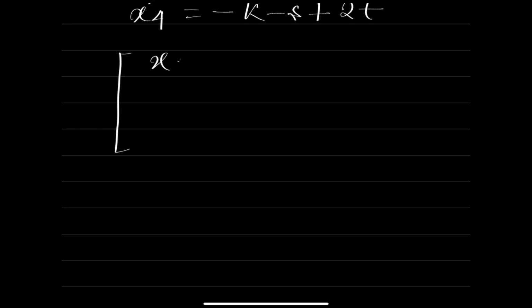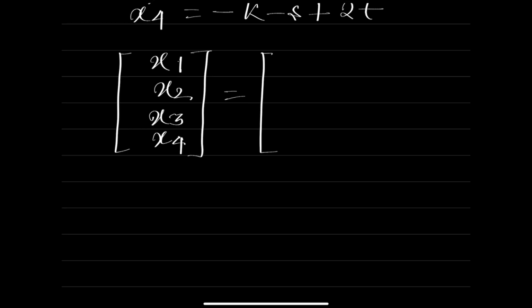The solution vector can be written as x1, x2, x3, x4 equals k, t, s, and x4 is minus k minus s plus 2t.